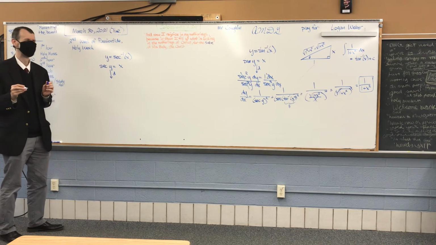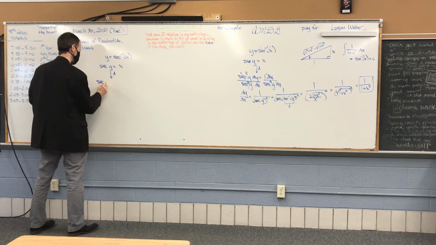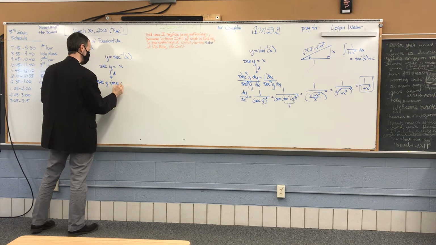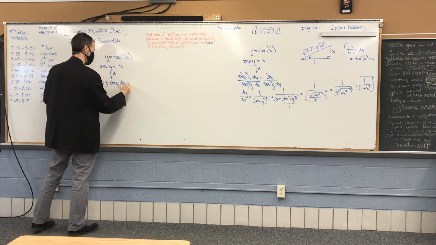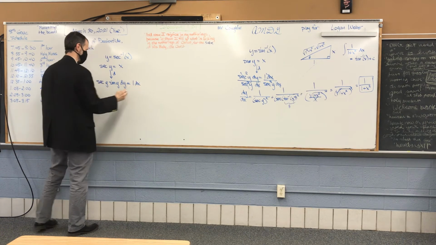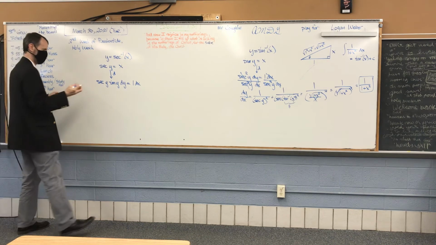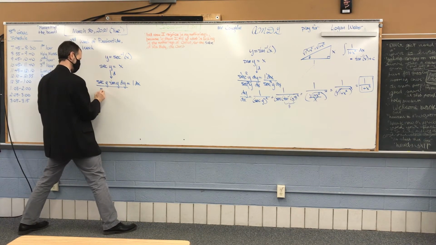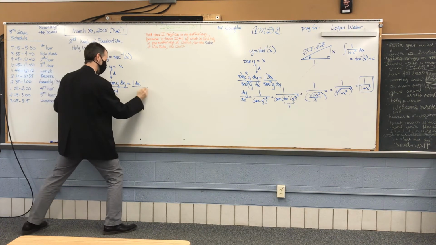Secant tangent. So secant y tangent y dy equals 1 dx. I want dy by itself, so divide by secant y tangent y on both sides.